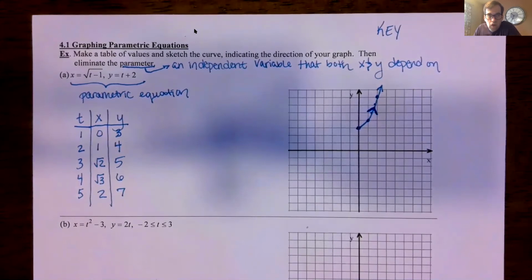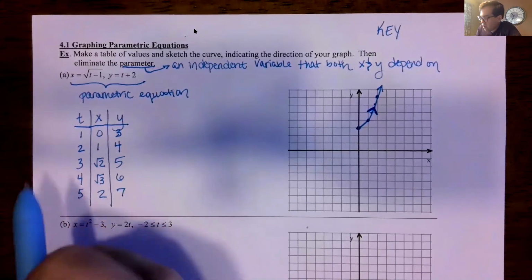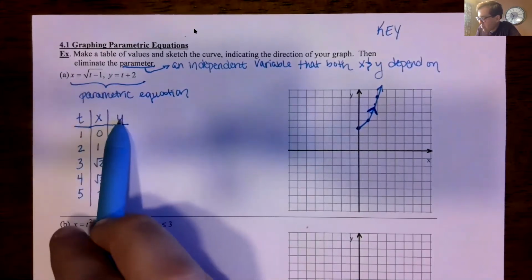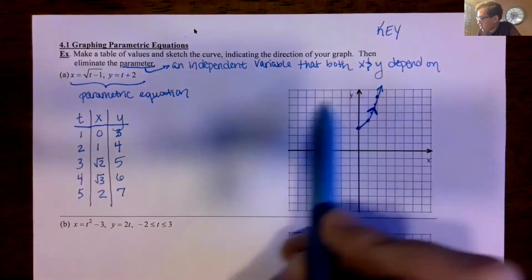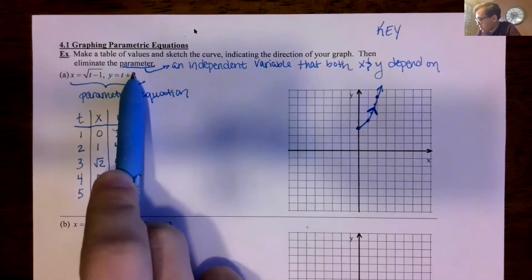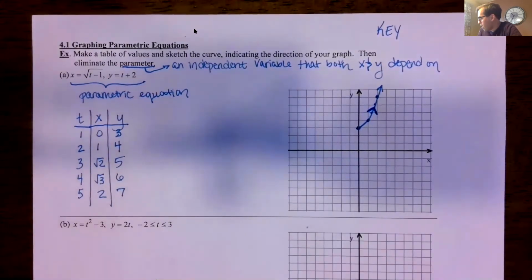All right, so you can see now that although the t was necessary to even come up with the x and the y values, the x and the y worked together to create one graph without the t's even being visible. So there were two equations, but it comes together to only have one graph.